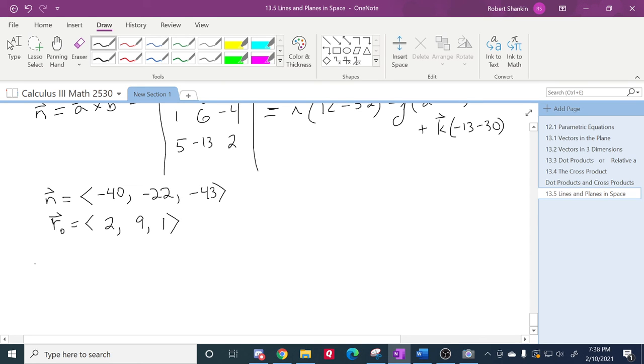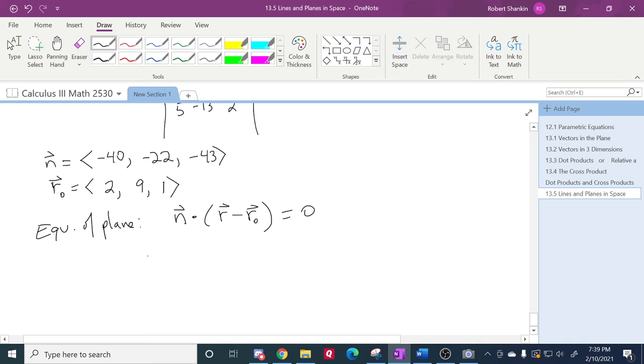And the equation of the plane is n dot r minus r0 equals the scalar 0.